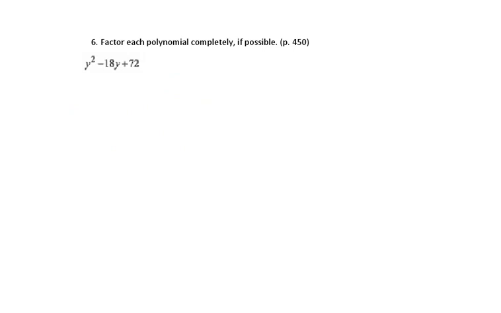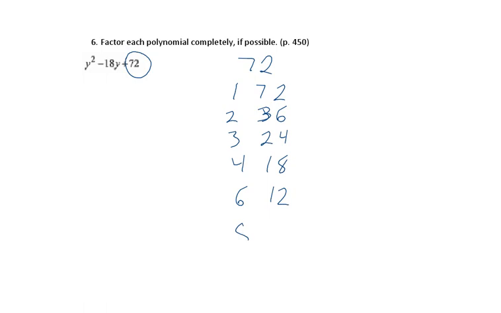Factor each polynomial if possible. In question 6, this is the type of x^2 plus bx plus c. So what that means is I look at the last number, which is 72, and I make a list of everything that multiplies to 72. So you got 1 times 72, 2 times 36, 3 times 24, 4 times 18, 6 times 12, and 8 times 9.